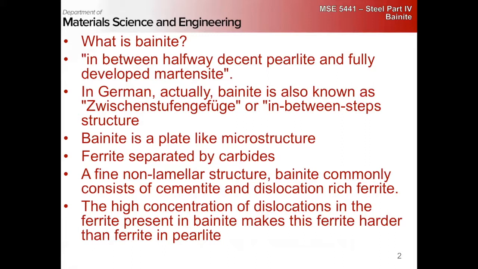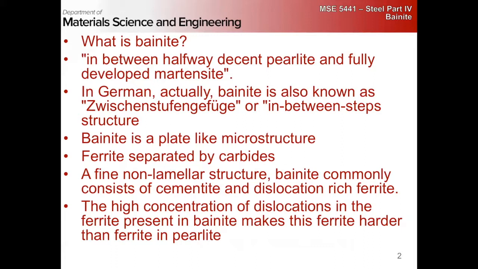And it's not 100% clear whether bainite happens in a diffusionless manner, and then the diffusion happens after the fact, or if there are some diffusion-mediated mechanisms to bainite formation. These are all things that we just don't know.